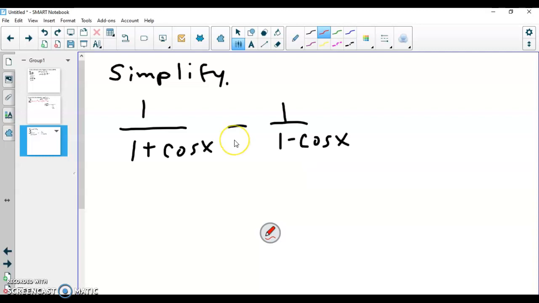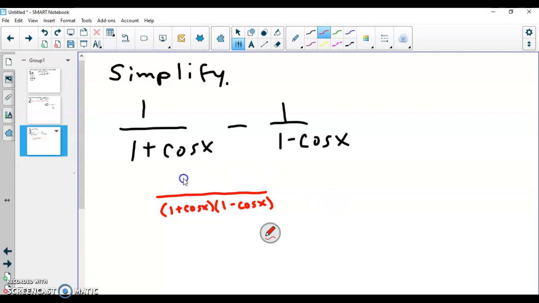Okay, so what we're going to do here, first of all, is because we're subtracting, we have to have a common denominator. Our common denominator for all of this is going to be that 1 plus cosine x times 1 minus cosine x.